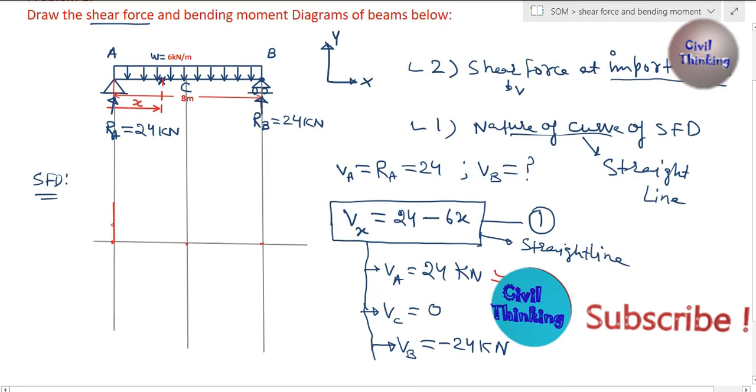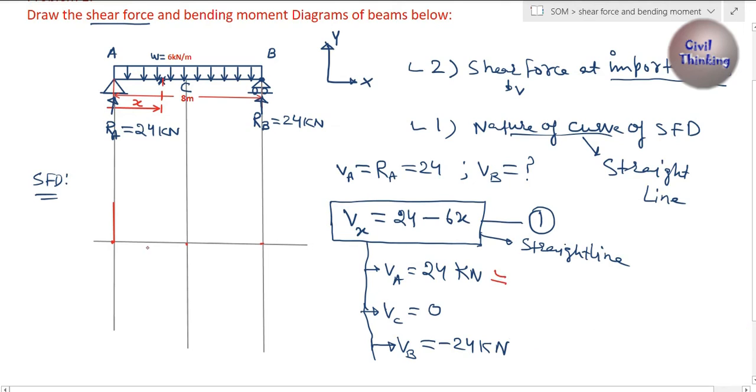Why do I draw an upward line? Because all the forces above this baseline are positive and all the forces below it are negative. Because the shear force at A is 24, I am drawing it above this, and the height is 24.